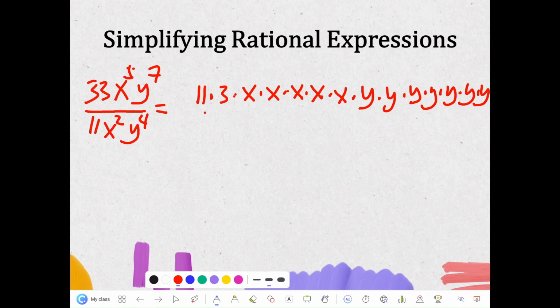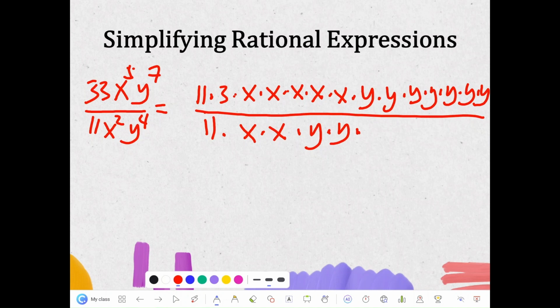And then, 11 times x at saka apat na y times y times y times y. So, here, you can cancel out 11. You can cancel 11 here. And then, dalawang x din dito ay cancel mo. And then, tatlong y sa baba, tatlong y din dito ay cancel mo.